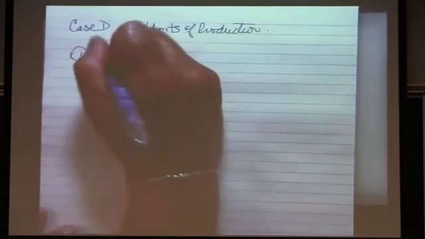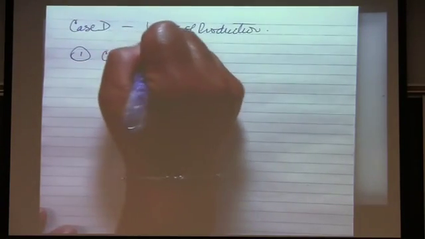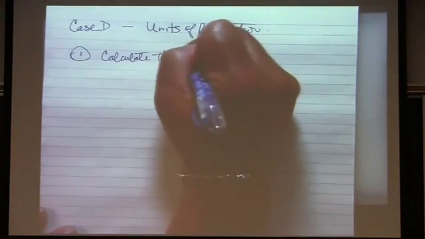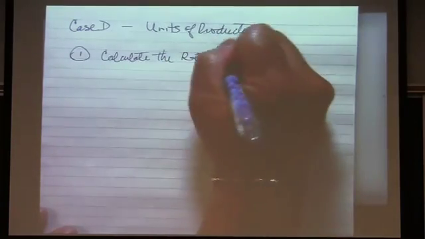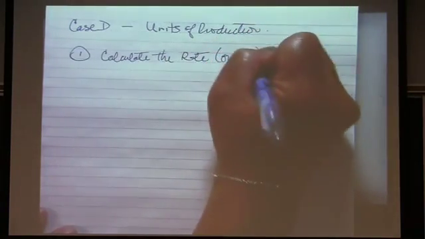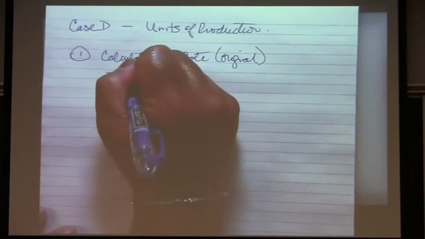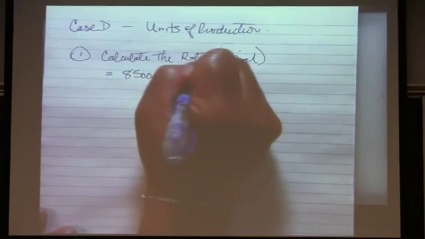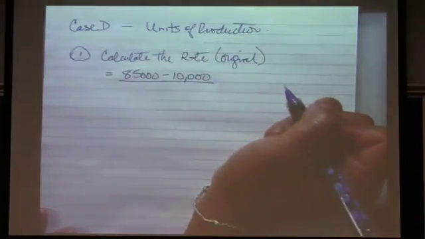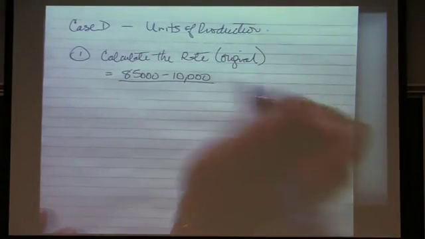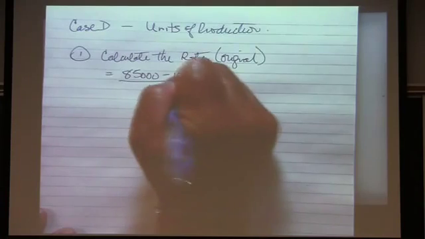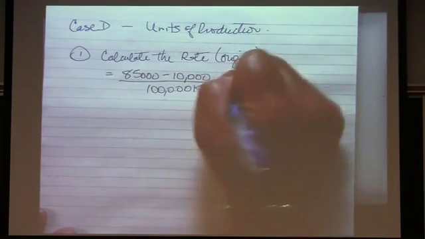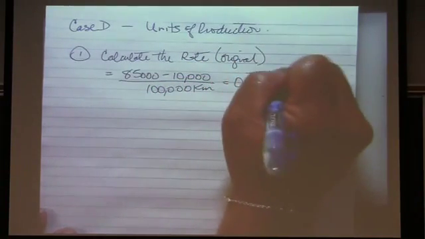So step one is calculate the rate. Now this is the original rate, right? So we know that the original rate is 85,000 minus the original 10,000 residual value divided by 100,000 kilometers gives us 75 cents per kilometer.